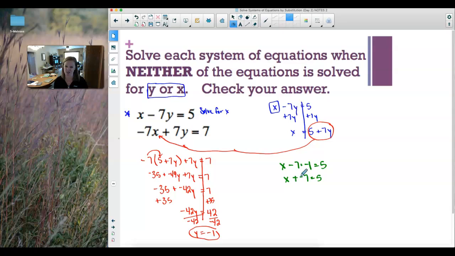Well, really that's x plus 7. Then we subtract 7 from both sides, and we have x equals negative 2. So the ordered pair, or the solution to this system of equations, is negative 2, negative 1. And we can check that that works.